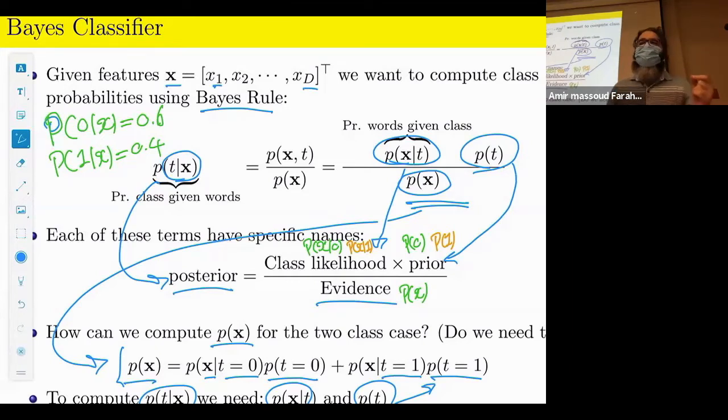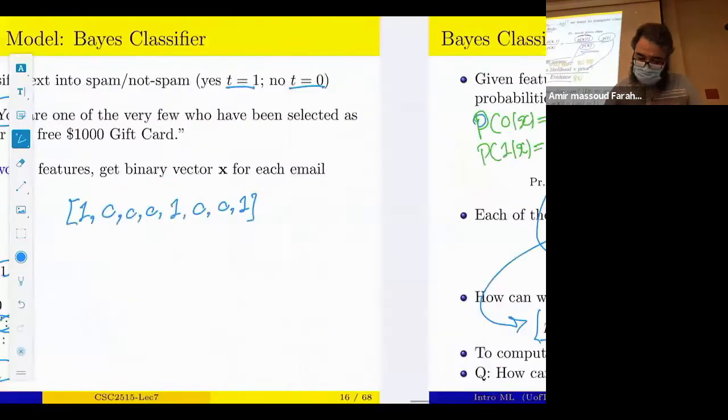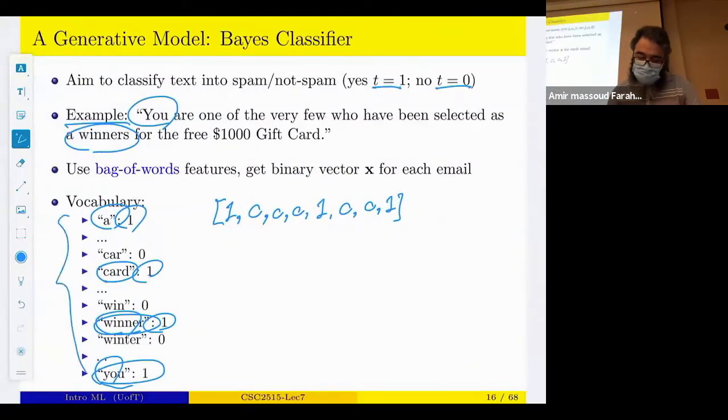Evidence is the probability that you observe that particular bag of words in the space of all possible emails that you receive. You get different bags of words, and the probability that you receive this particular count is the probability P of X.